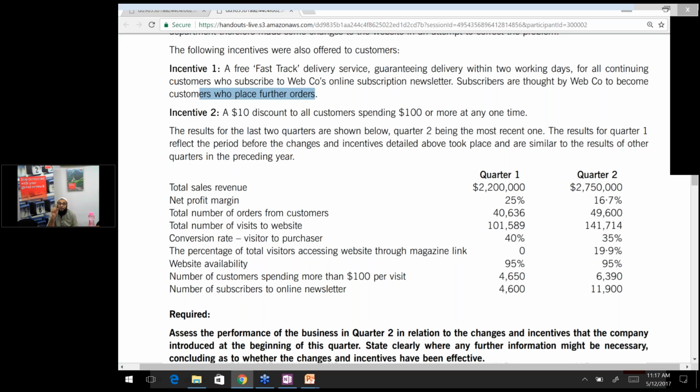Continuing means repeat orders, repeat customers. Okay? Incentive 2. 10% discount will be given to customers who spend 100 or more at any one time. Got it, everyone?